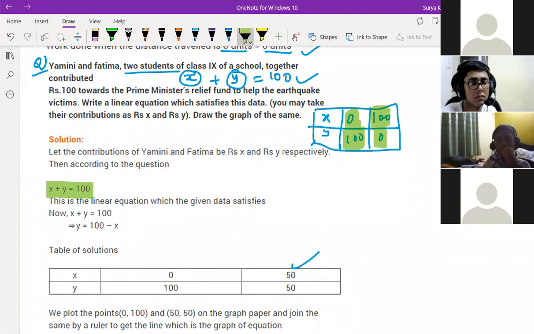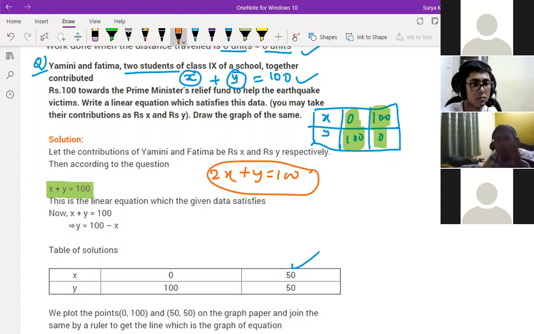Sir, we can take it as 2x. How, what can you take? 2x is equal to what? 2x plus y is equal to 100. How can we take it like this? We can't, because no data is given. Yeah, 2x means he is paying double, something like that, right? We don't know how much he is paying.